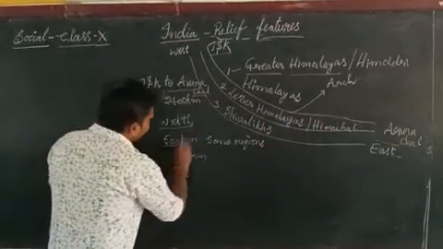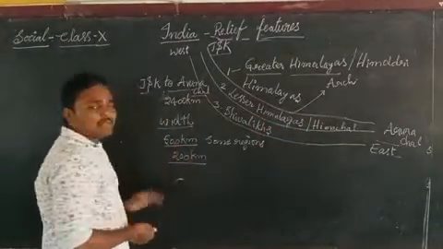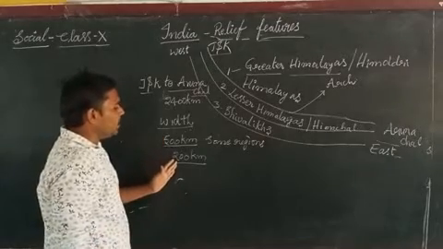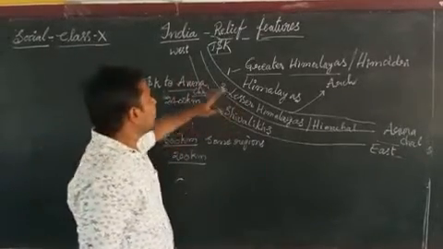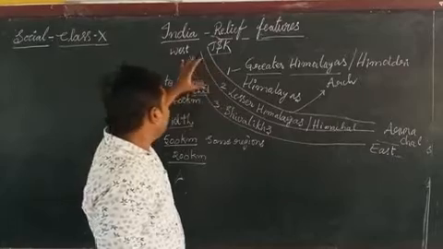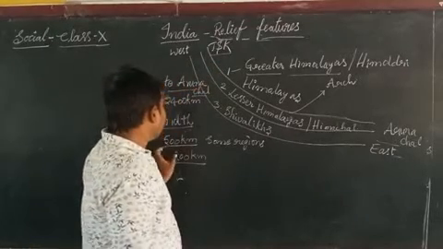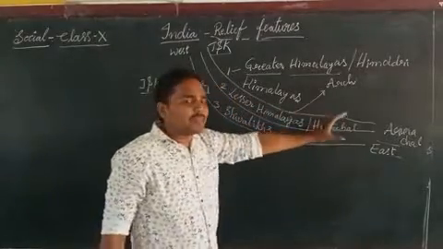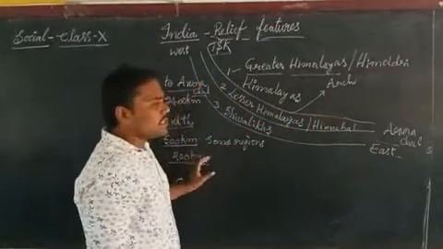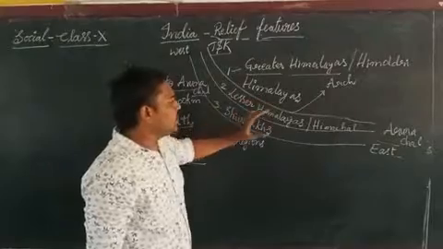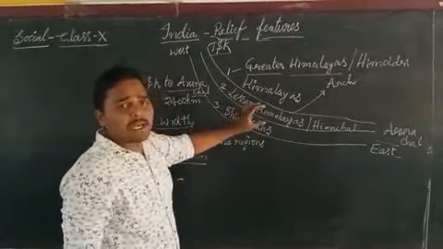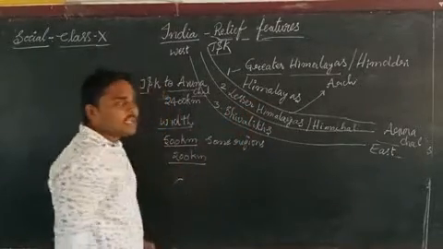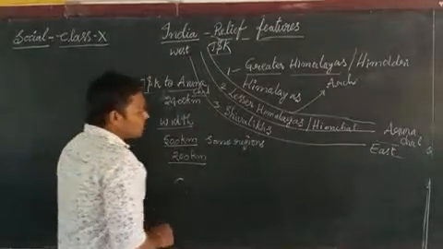The width varies between 500 kilometers to 200 kilometers. At the western part, the width of the Himalayas is mostly 500 kilometers. As we move towards the eastern part, the width slightly decreases. In some places, the width is even lesser than 200 kilometers.